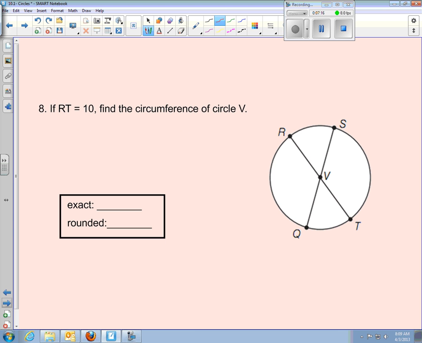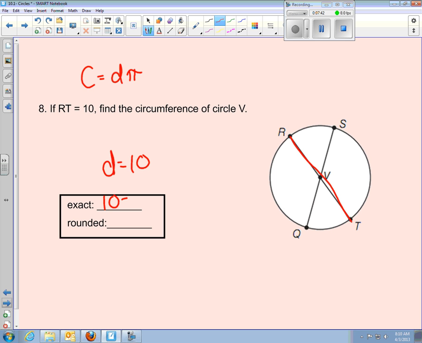If RT equals 10, find the circumference of V. Well, if we go ahead and look here, RT is our diameter. So that's great. We already have our diameter. So we're probably going to use the C equals d pi formula. In our answer box it says exact or rounded, and exact is going to have actually the number pi in our answer.